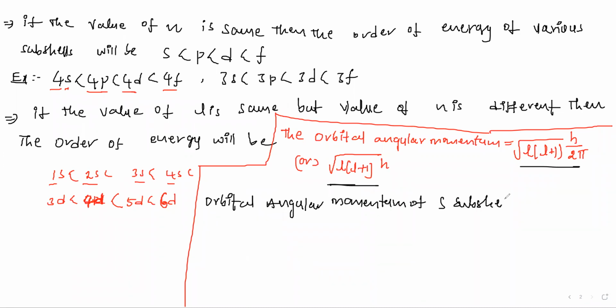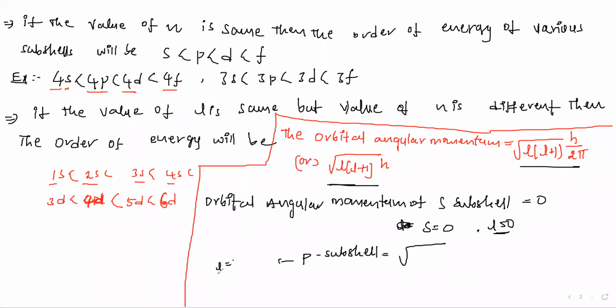For s subshell, l value is 0, so substituting 0 for l, we get 0.